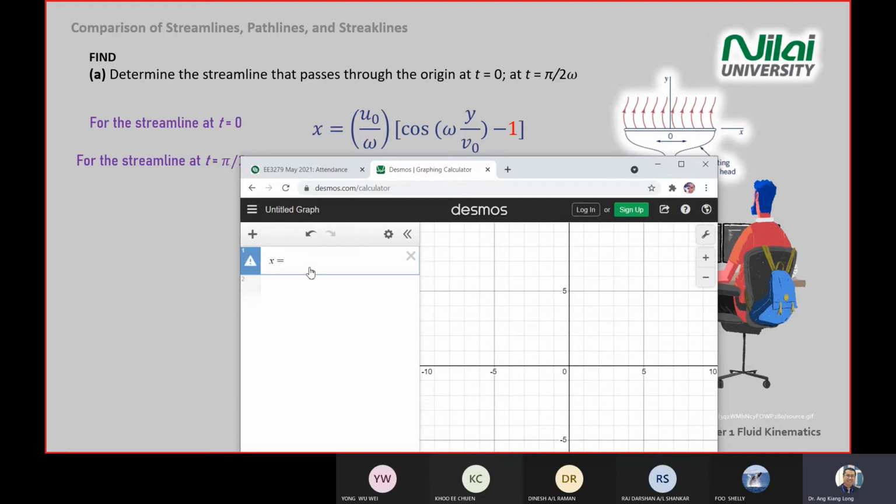So constant value, I can put it as 1, and then I bracket cos, and then maybe I'll put a constant value also, cos something, I put just a constant value, just a value of a, minus 1, and then I close the bracket. Okay, so I get the shape of the t equal to 0 waveform like this.